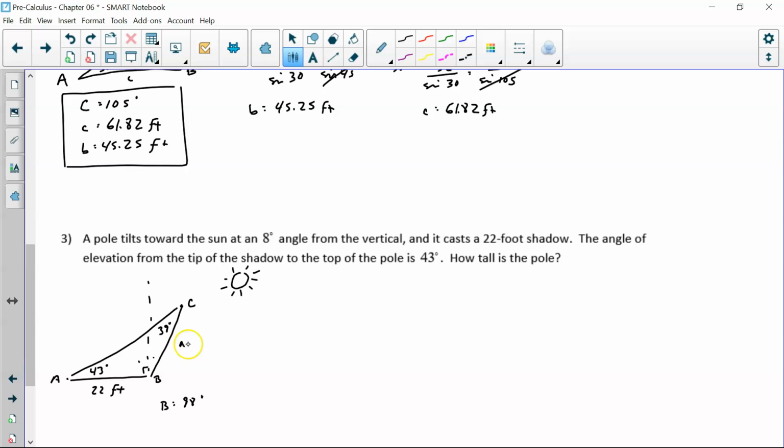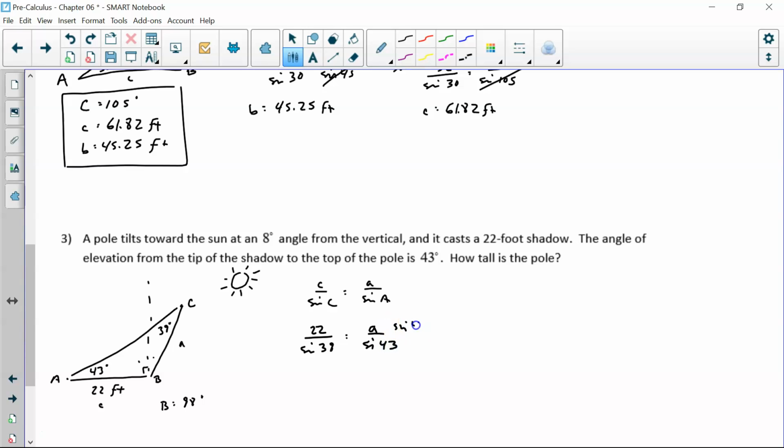So now we need to find A. This side of 22 feet is C. So we'll use C over the sine of C equals A over the sine of A. There's our law of sines. Now you can use different letters and such. So we're going to have 22 over the sine of 39 equals A over the sine of 43.